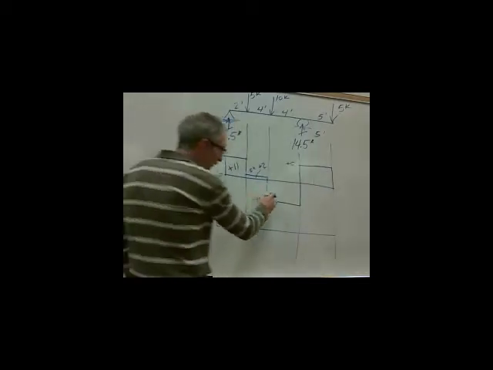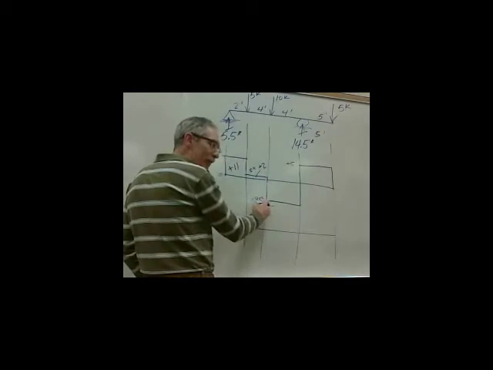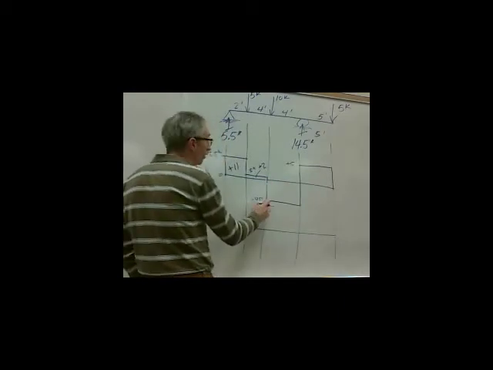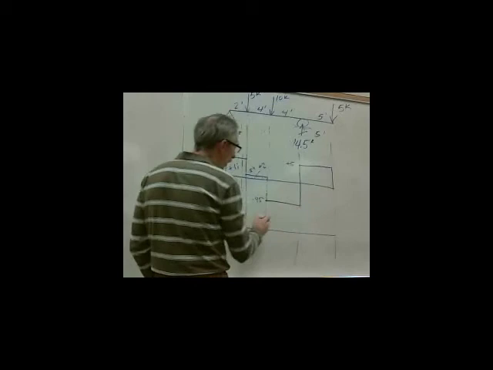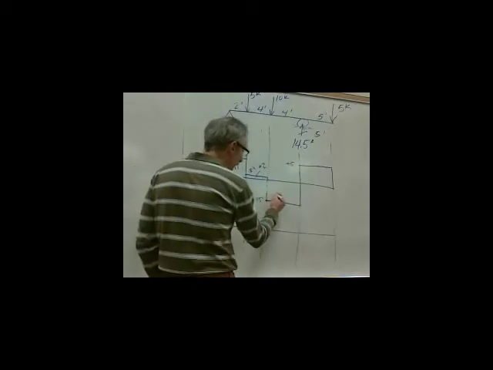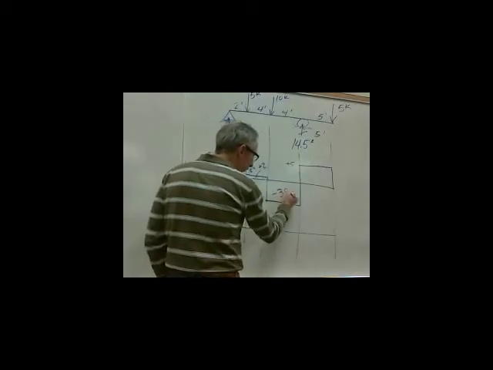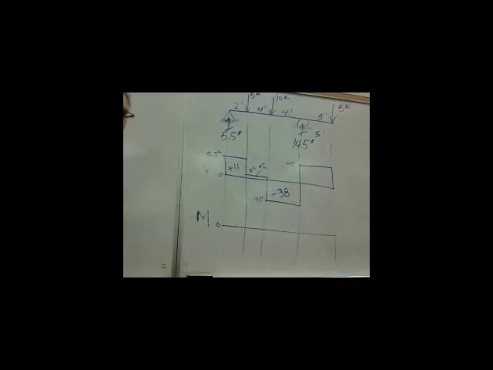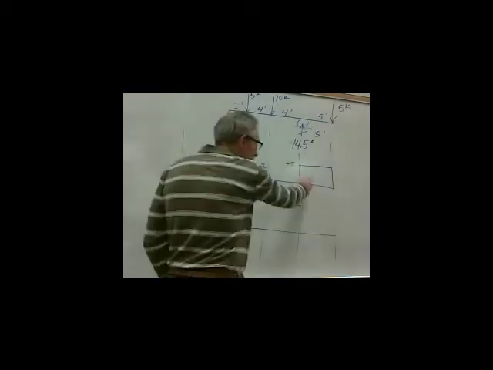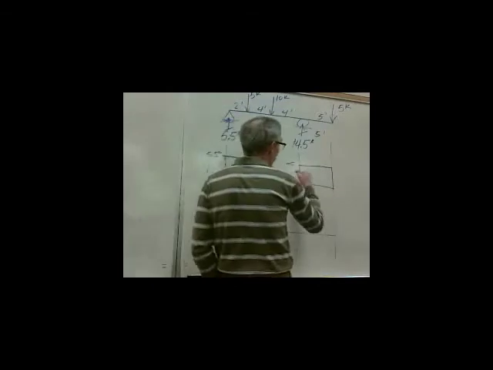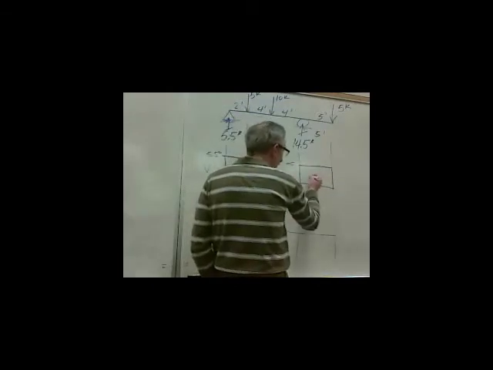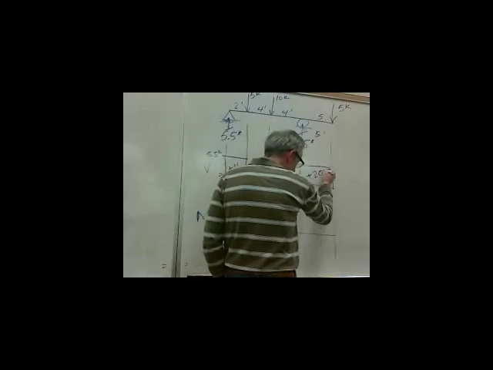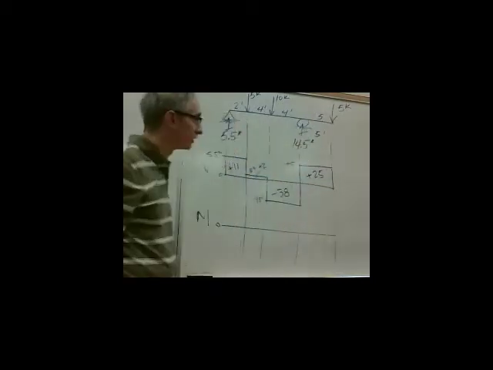The next block of area is negative 9.5 kips high, if you will, and 4 feet wide. So that gives me a negative 38 foot kips of area. And the final block of area is 5 kips high. It's 5 feet wide. It's above 0, so that's plus 25.